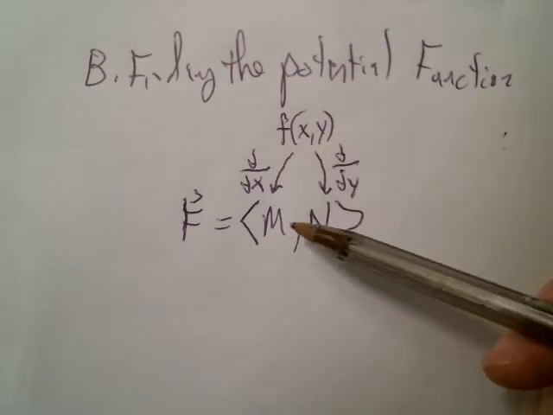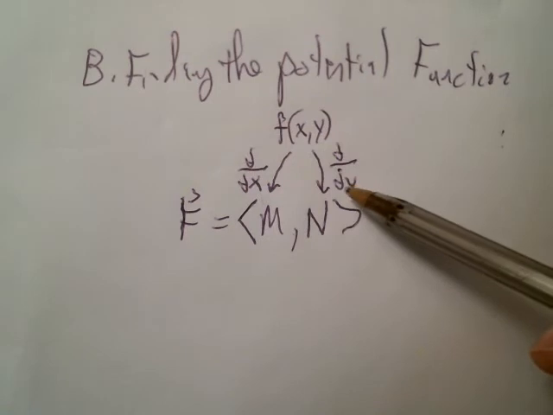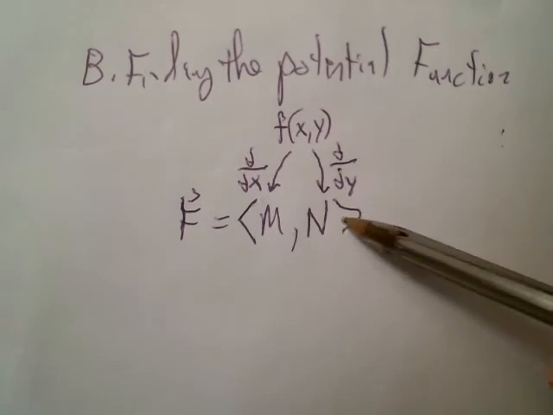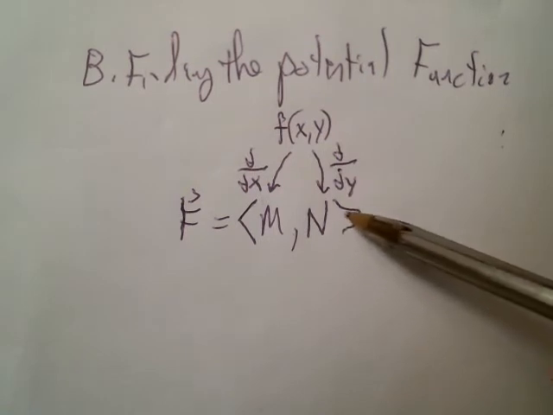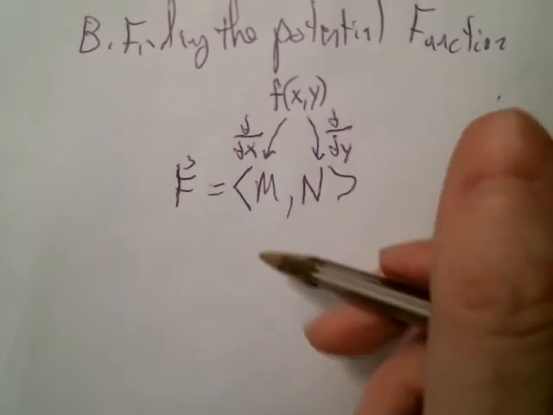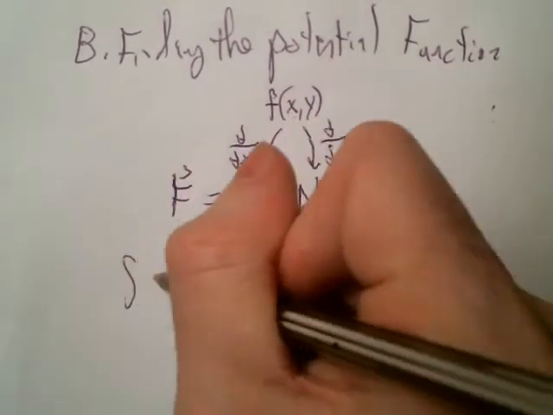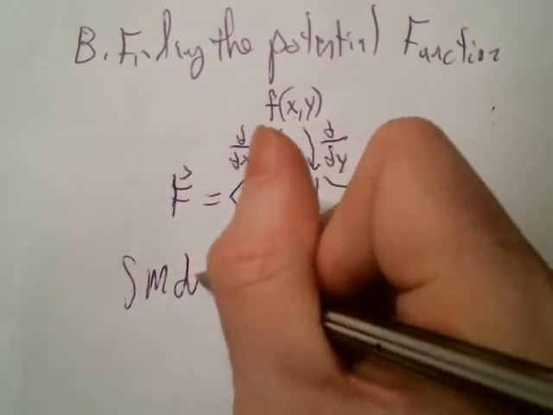No, what you're going to have to do is the antiderivative and then do the partial with respect to y and set it equal to this thing here. It's from that equation that you're going to be able to get your function. Okay, so what did I just say? Well, first, in order to get up to here, I need to do the integral of M with respect to x.